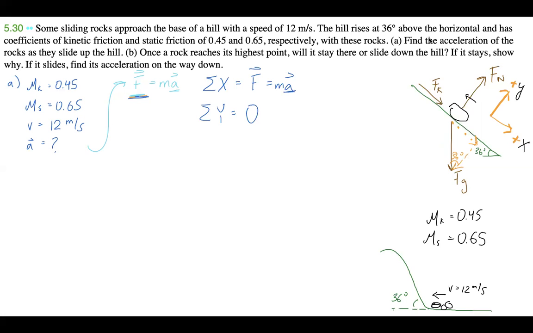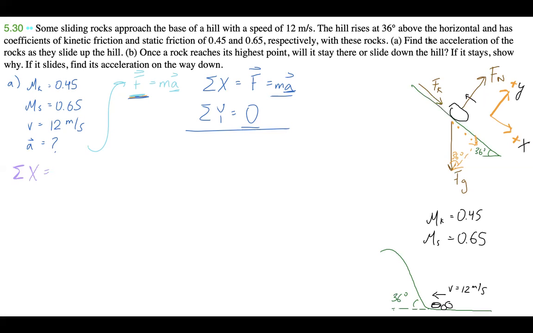Okay, so now what we have to do is actually write out these equations. If we write down all of the forces in the x direction and the y direction, then we can just solve for this. So let's go ahead and do that. All of the forces in the x direction, what do we have? Well, we have positive force of friction going in the positive x direction.